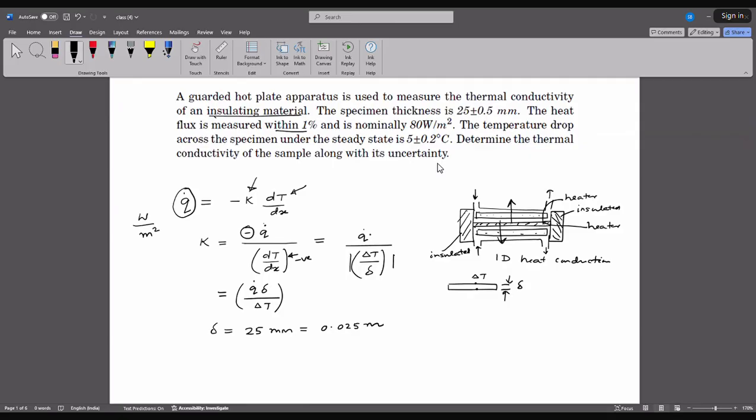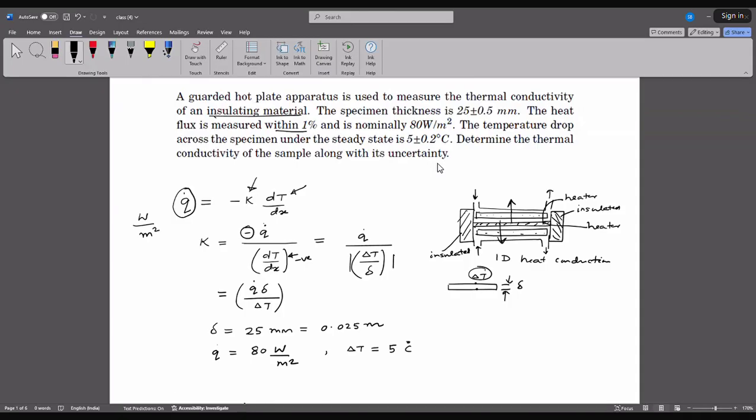Then the heat flux, Q dot, is 80 watt per meter square. The temperature drop across the specimen, delta T, has a nominal value of 5 degrees centigrade.